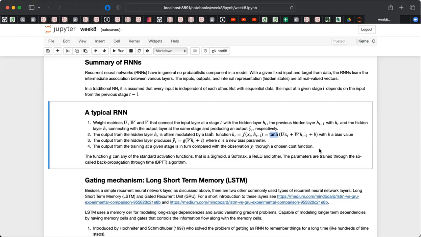And this is the quantity we want to optimize. And for this function G, it's pretty standard to use any of the activation functions. It could be a sigmoid, it could be a ReLU, it could be a softmax if you are dealing with different classes to classify. And the parameters are trained through the so-called backpropagation algorithm.